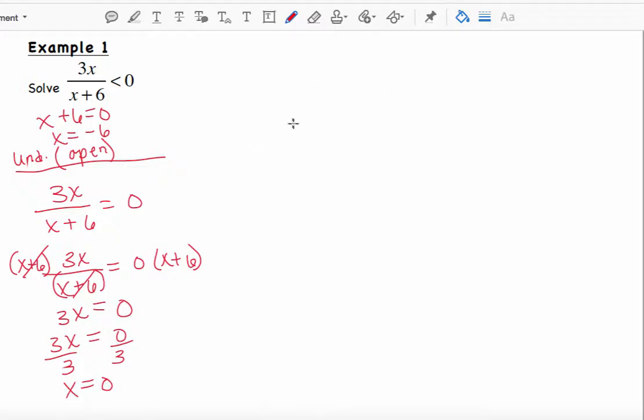So there are my critical numbers. I have two critical numbers. My undefined point at -6, definitely open circle for sure, no matter what my inequality symbol is. And then x is equal to 0, and I have to look at my inequality symbol to see if I have the equals or not, and I don't.